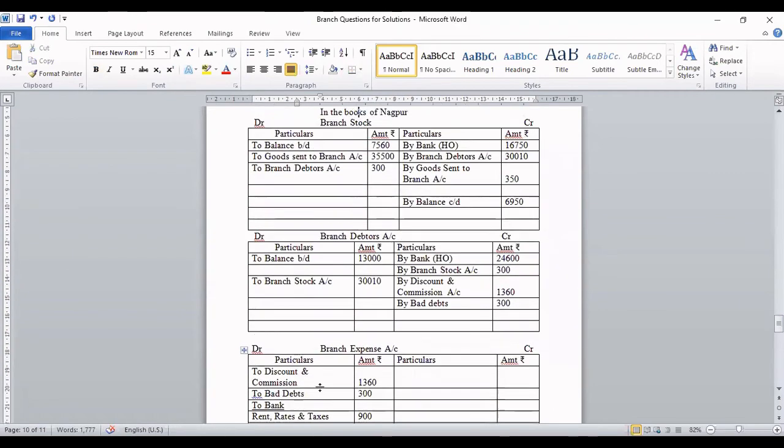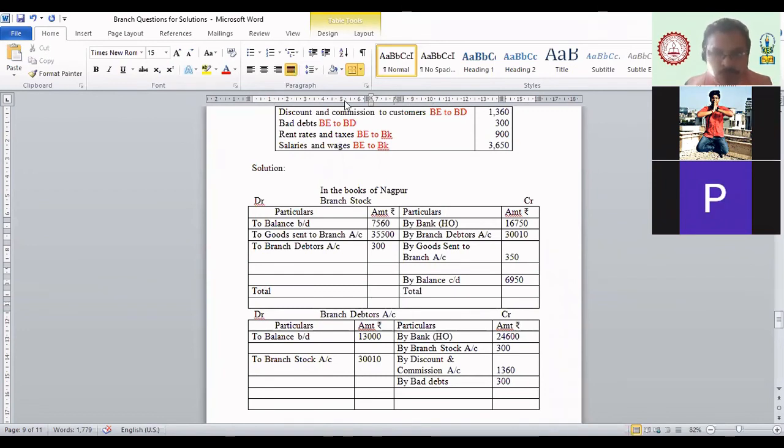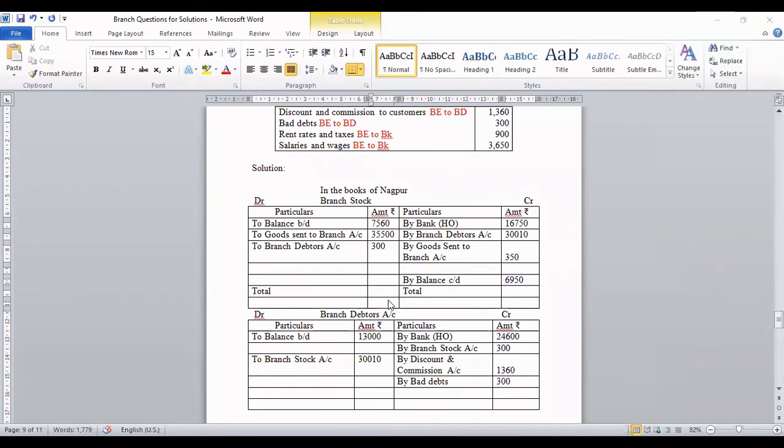Then go to branch stock. Immediately close this account. Tell me debit side total and credit side total. Debit side 43,360, and credit side 54,060.